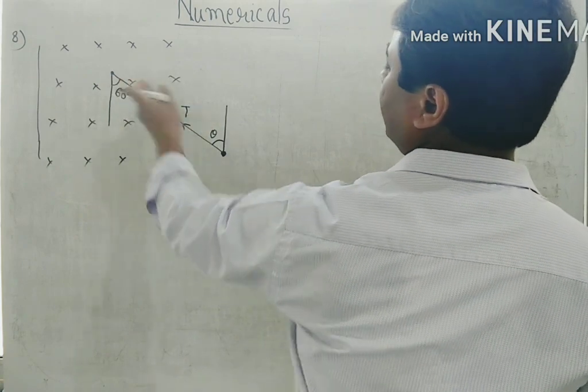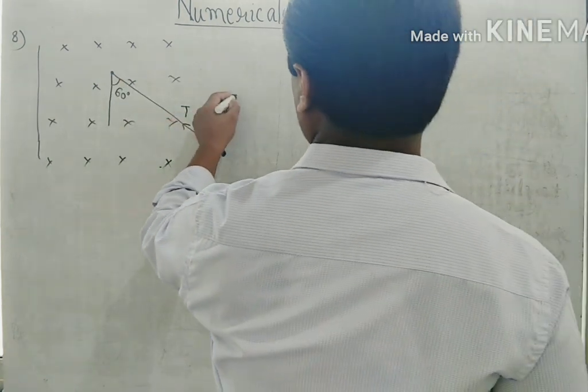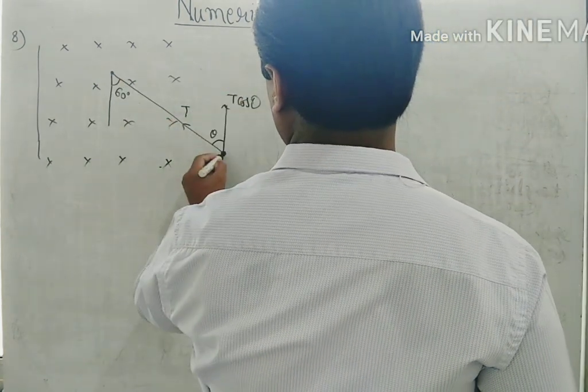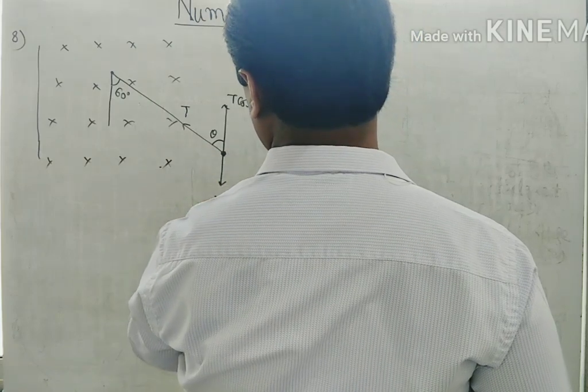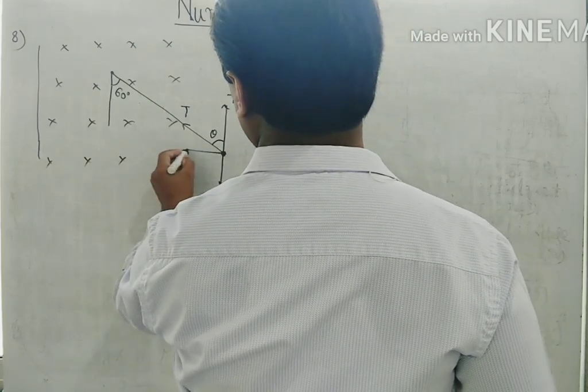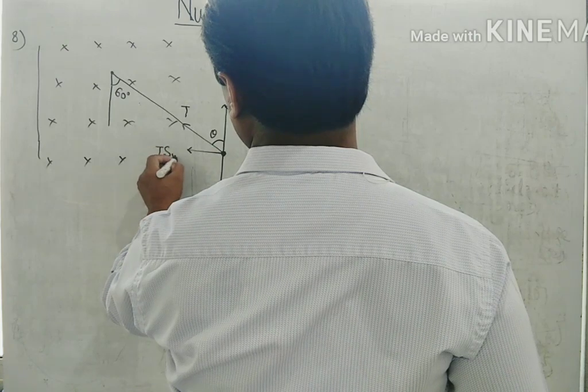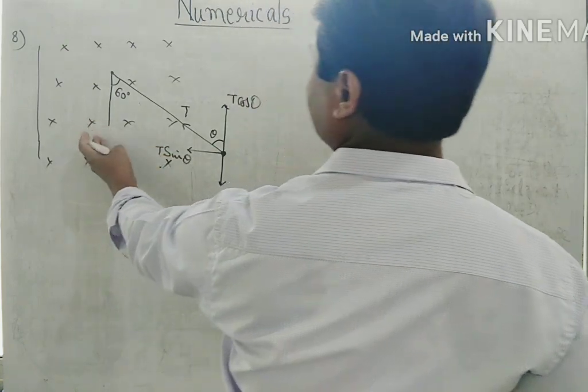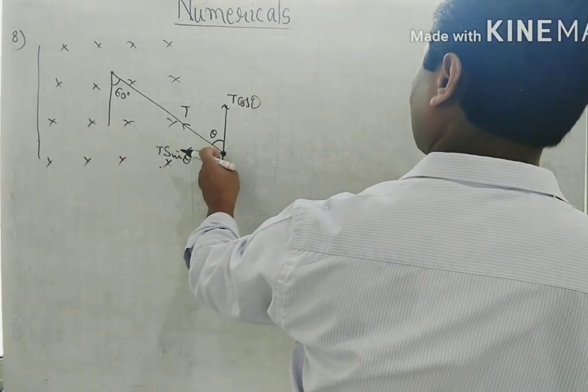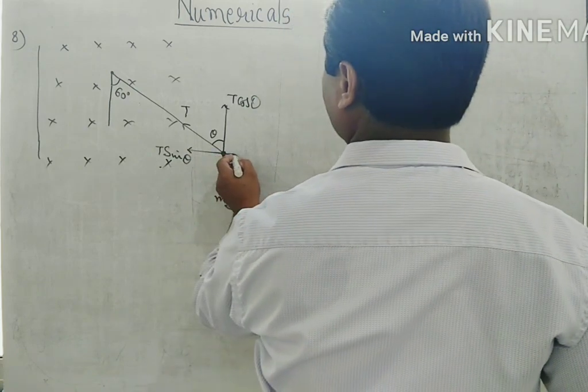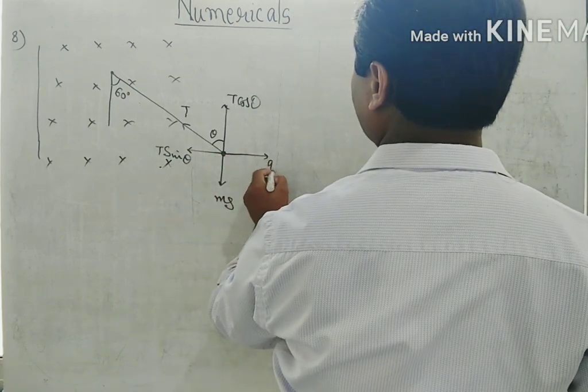will be just equal to this 60. So this will be T cos theta, and here the weight mg will act vertically down. Here it is T sin theta, and because of the charge on the plate, this ball, which is also charged, will experience a force due to its electric field.